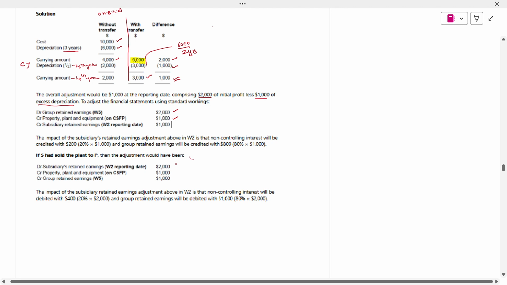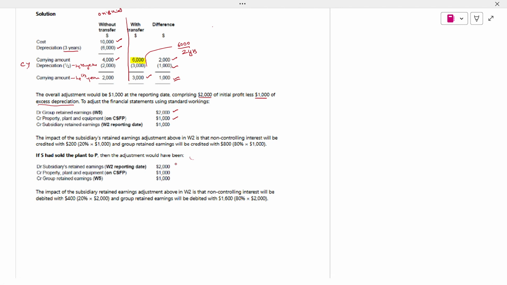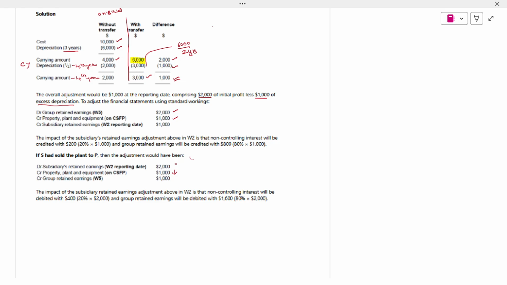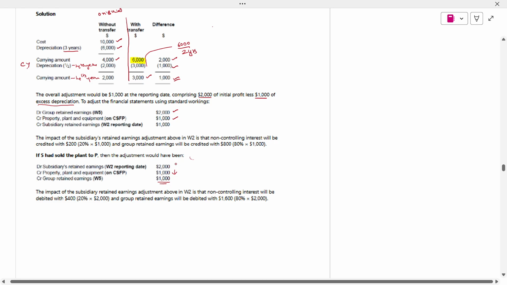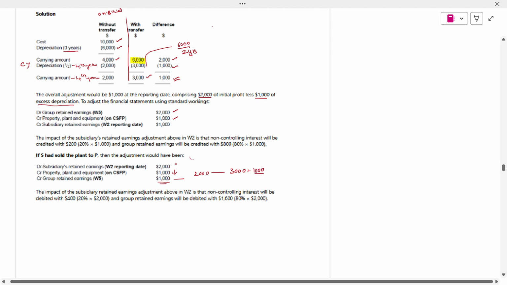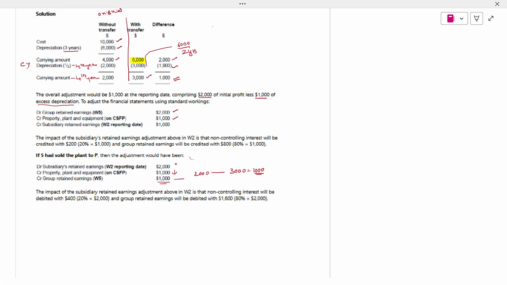Property, plant and equipment will be decreased, and because P has transferred it, in the P account in the consolidated statement they will deduct the excess depreciation. Actually the depreciation is 2,000, but they calculated it on the revaluation amount, 3,000. There is a difference, so they still have to deduct depreciation. Are you clear about this? Yes, a little bit. We need practice on this.